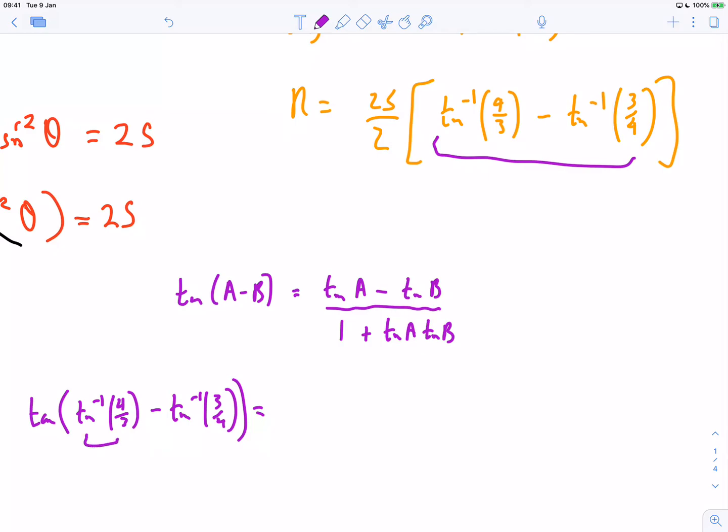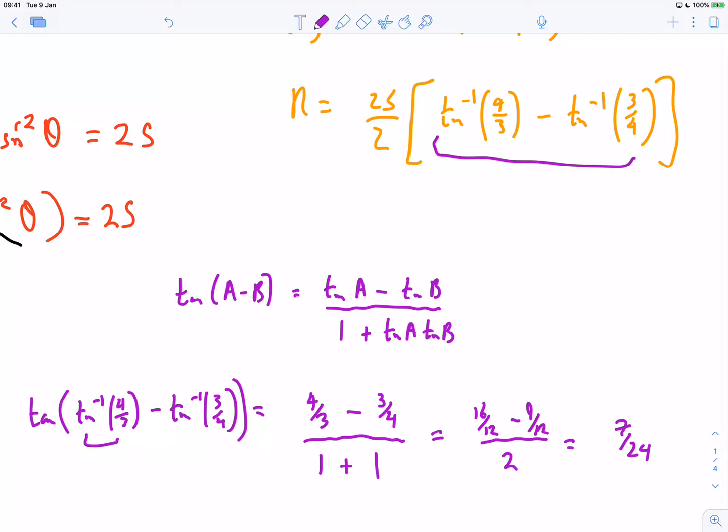So tan of this thing is clearly just 4/3 because tan of inverse tangent cancels, minus tan of this thing, which is 3/4, all over 1 plus 4/3 times 3/4, which is just 1, isn't it? So this all becomes over 2. 4/3, if I get it into twelfths, that's 16/12, and this into twelfths is minus 9/12. 16 minus 9 is 7, so it's 7/12, so it's 7 over 24.